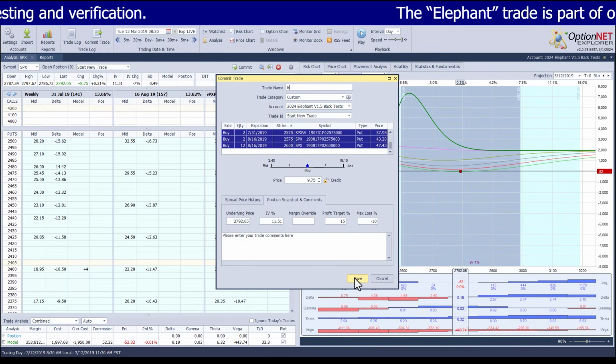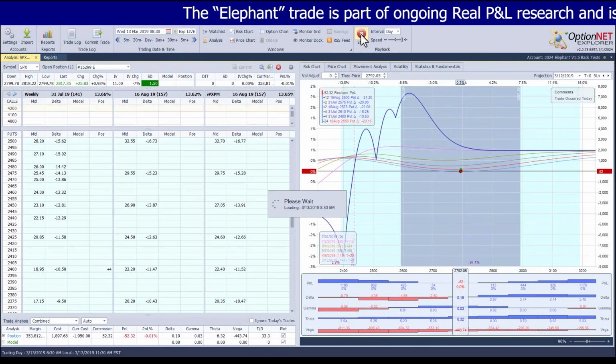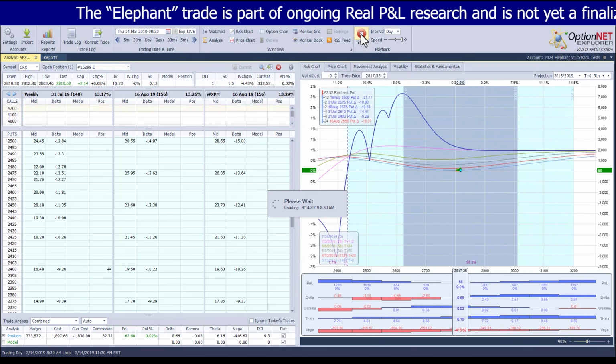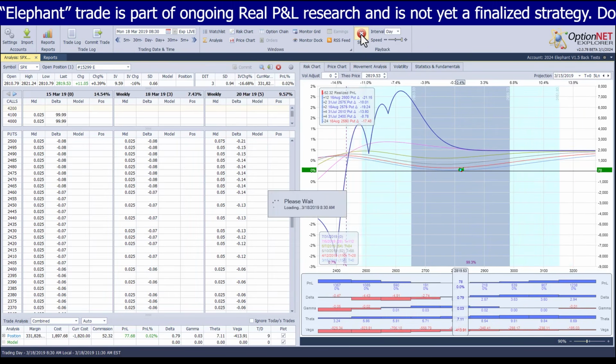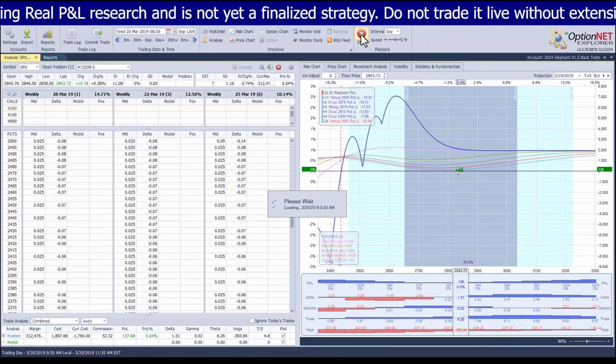Elephant. Looking for 900 bucks or down 1500, or coming out into the sea of death.